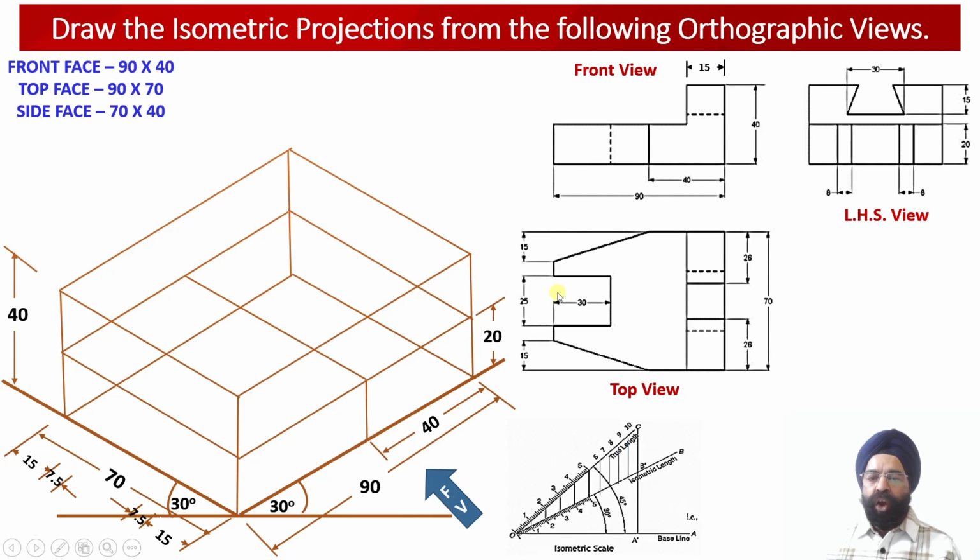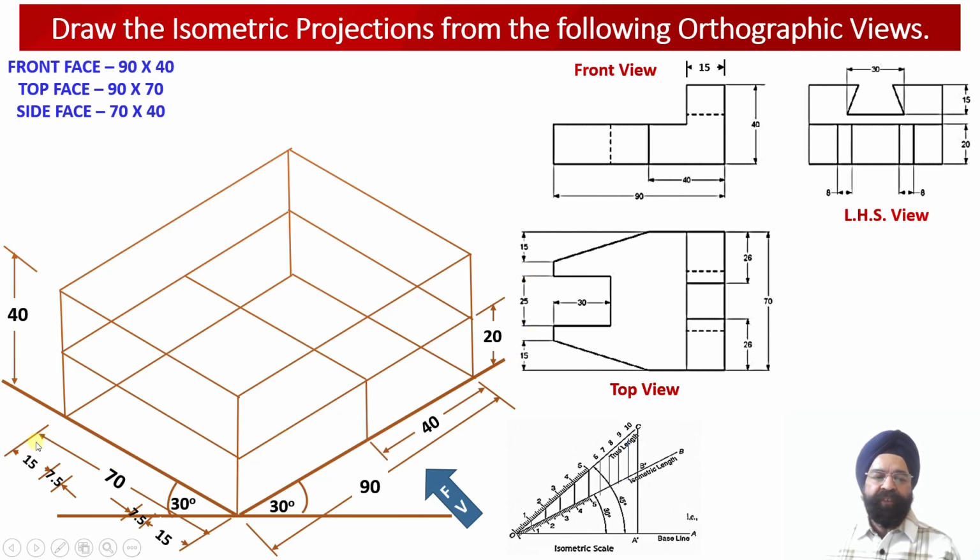And then corresponding to this rectangular slot, we have got the width of the slot equal to 25 millimeter. So 30 plus 25 makes it 55 millimeter. So it means that this dimension will be 7.5 millimeter and this dimension will also be 7.5 millimeter.